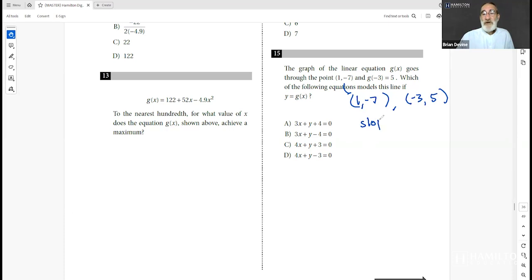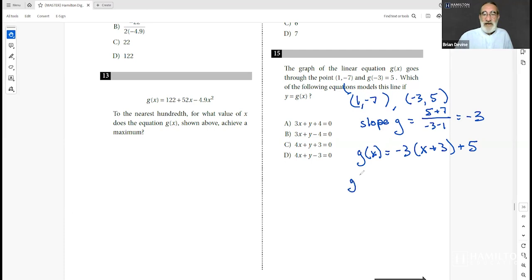The slope of g has to be 5 minus -7, so 5 plus 7, over -3 minus 1, which is 12 over -4, so this will be -3. And using just one of those points, I'll use -3, 5. Then g of x by the point slope formula has to be the slope times x minus the x value, minus -3 would be +3, plus the y value of the point given.